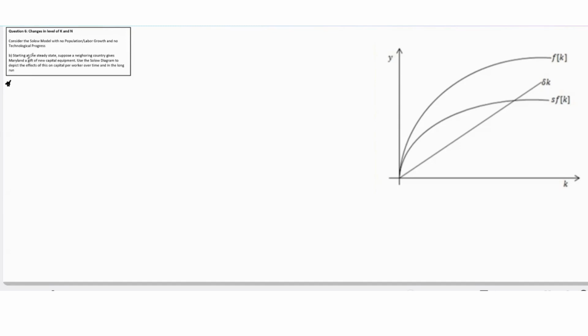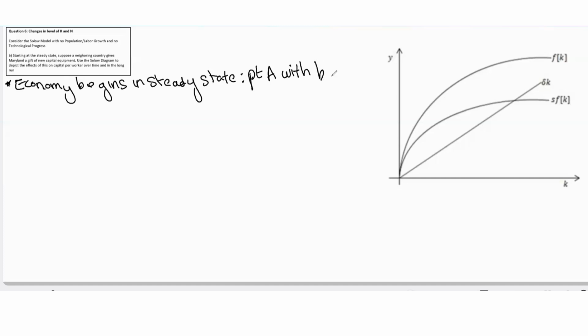So let's say the economy begins in steady state. That's given to us. Let's say it's point A, with K equal to K star and Y equal to Y star.